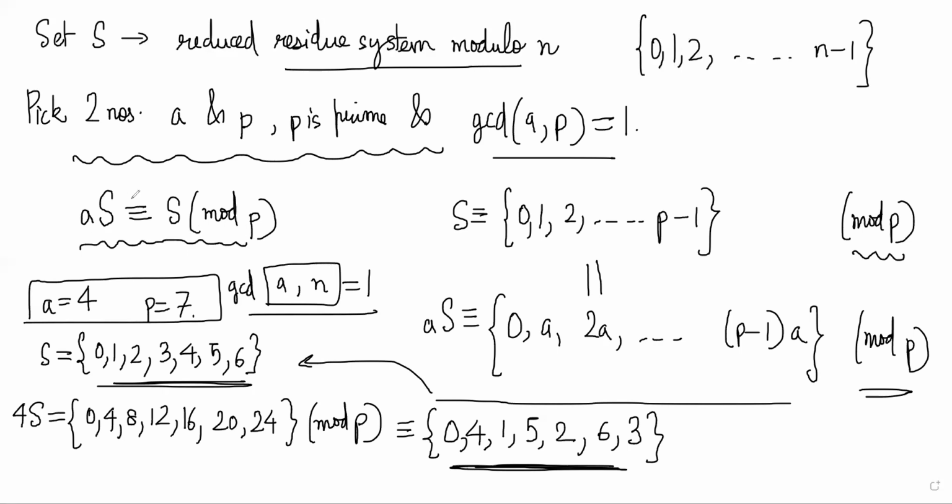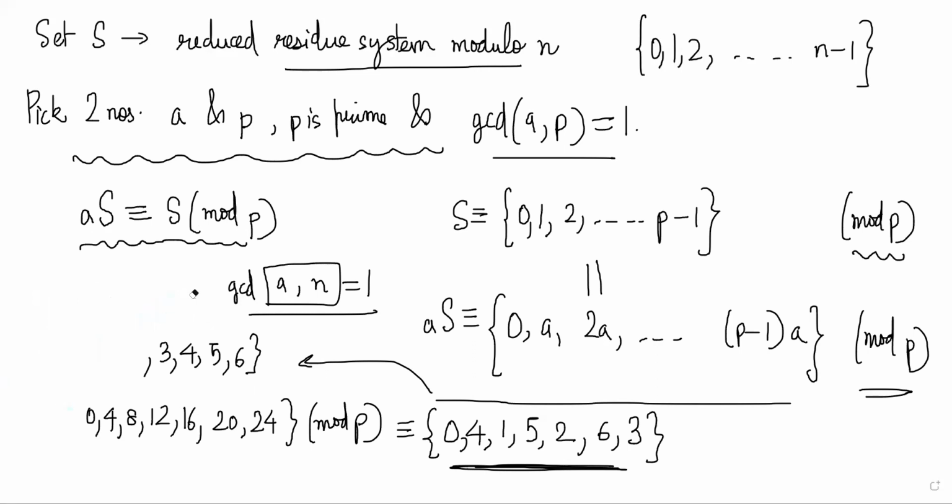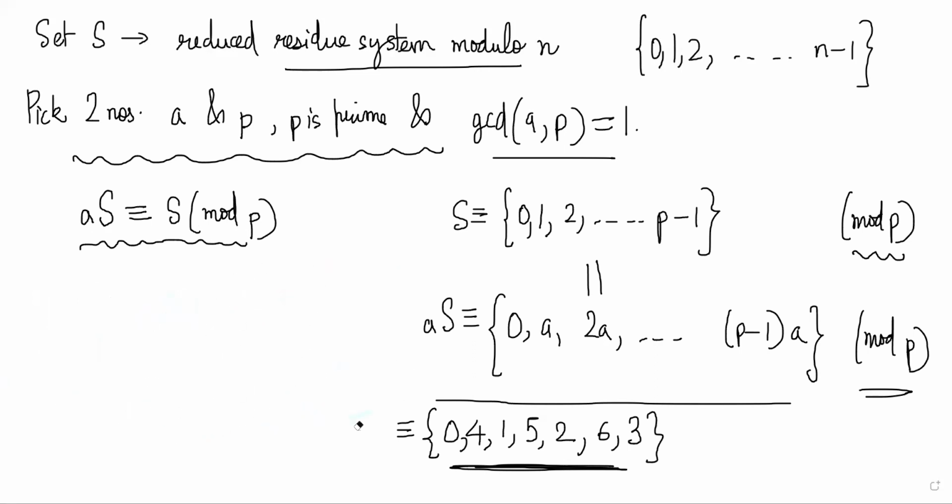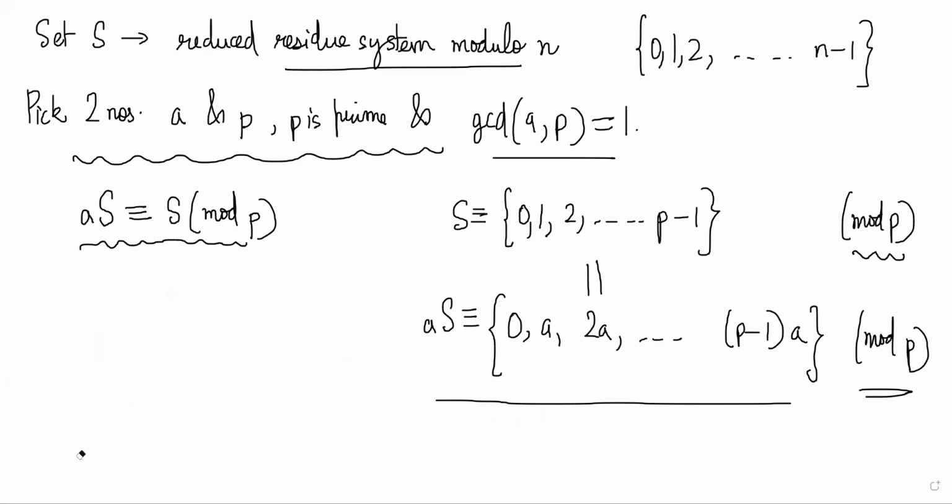Okay. Now, to do a proper proof of this, first of all, look at the two sets, the set S and the set AS. You can see that obviously the number of elements of both sets is the same.